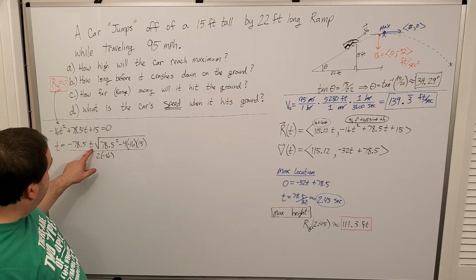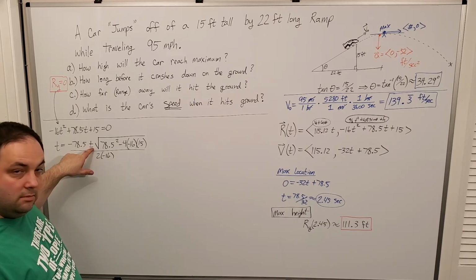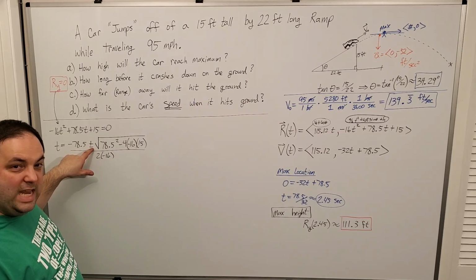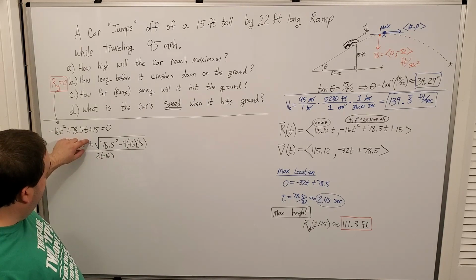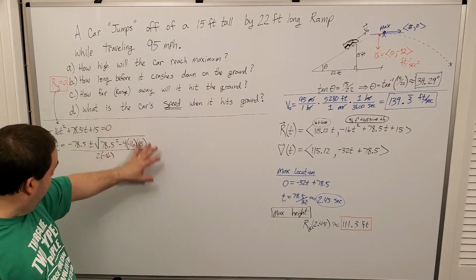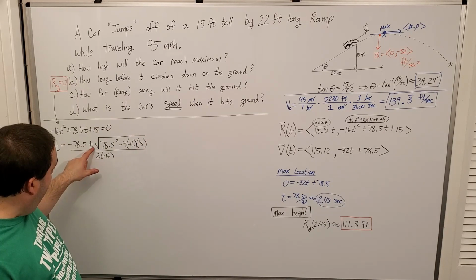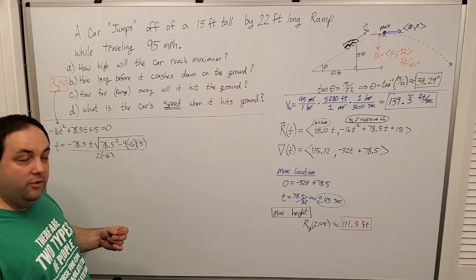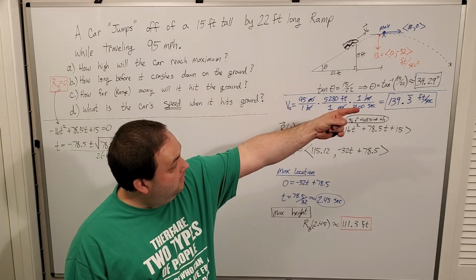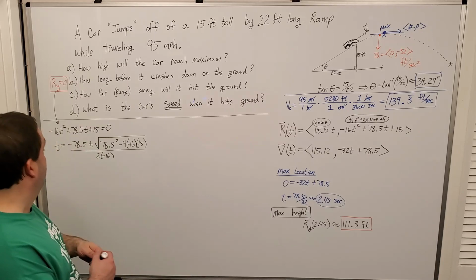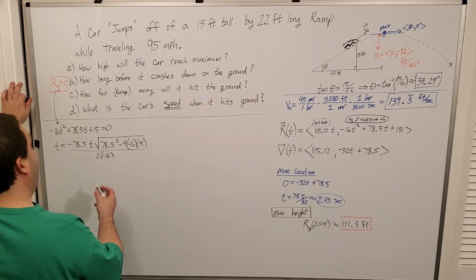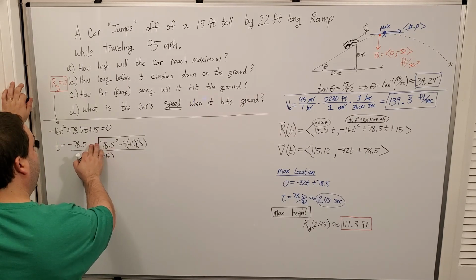I'm only going to be focusing on the minus direction here, because that's the one that I need. If you want to go ahead and plug in both of them, you'll see. The plus one is going to give me a negative answer after I do this whole calculation. The minus one is going to give me a positive value that's going to represent the time when it hits the ground further down the line. So I'm not worried about the plus here.